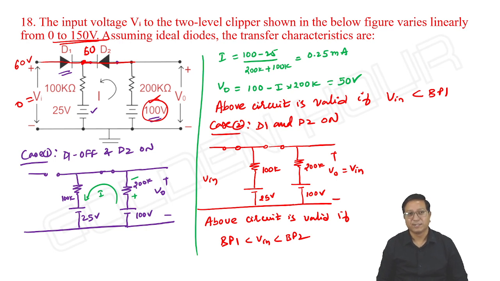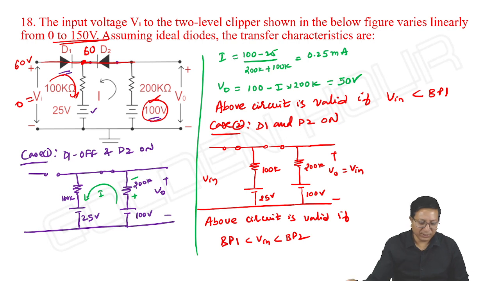Okay, done. Next, if input is more than, it looks like 100, more than 100, then what happens? D1 is on and D2 will be off. So still D1 on, D2 is off. Then how does the current flow? The entire current will flow in this direction then. Okay.